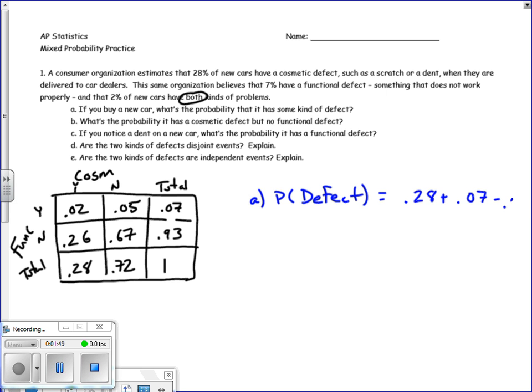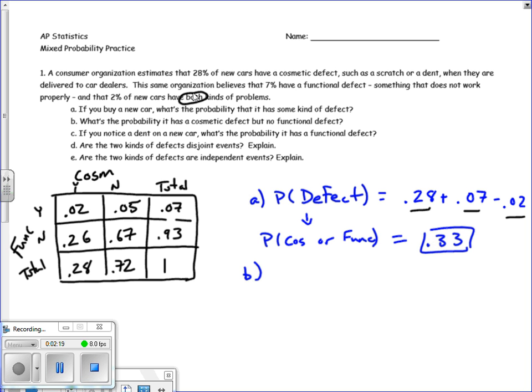This is just a matter of using my addition rule, so that'd be cosmetic or functional. And remember, that means that you do probability of A plus probability of B minus the overlap. So this total would be 33.33.